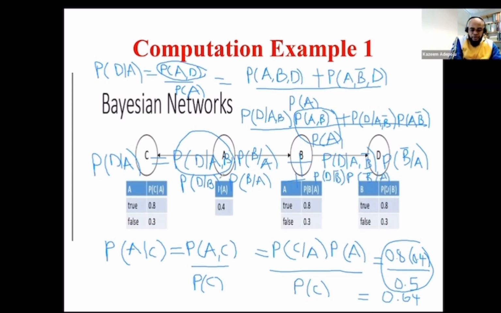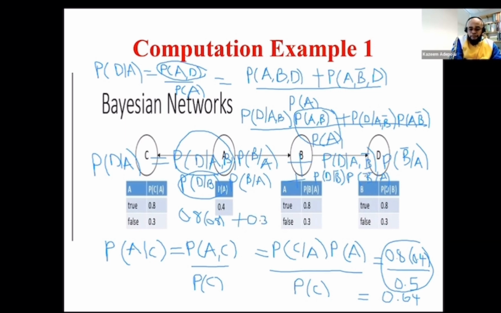So when you take a look at this now, the probability of D given B, that is 0.8, right? The probability of B given A, that's another 0.8, right? Plus the probability of D given B complement, that is when B is false, so that'll be 0.3.